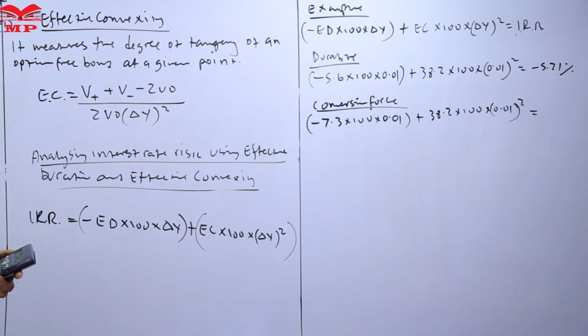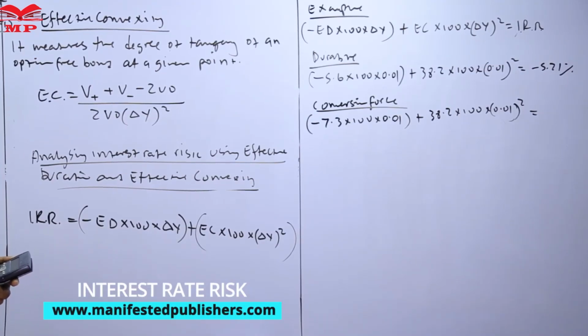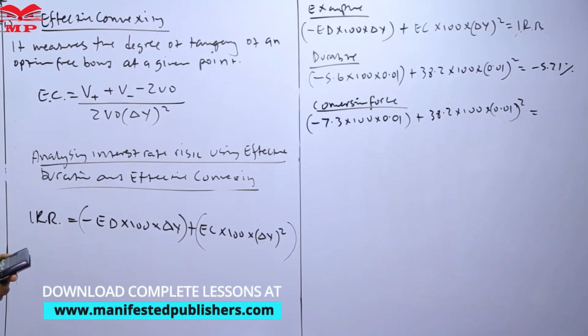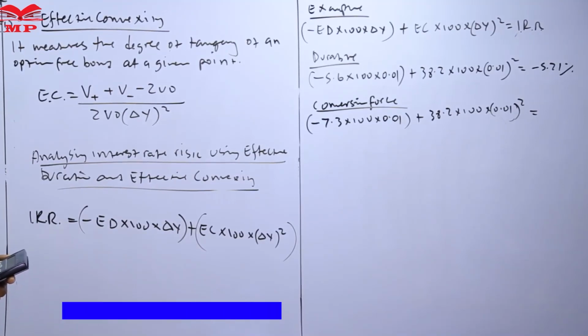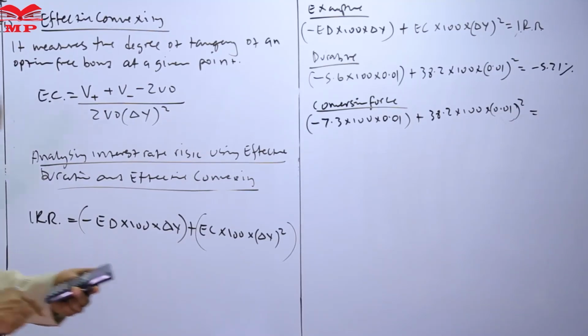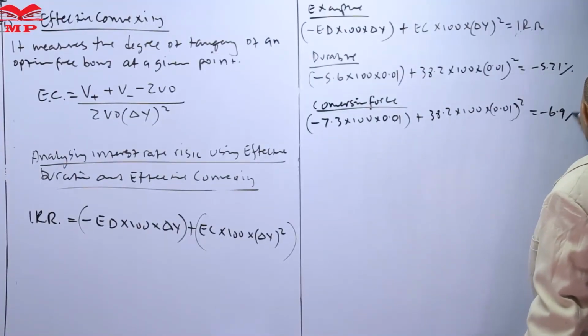So it's minus 7.3 times 100 times 0.01, we have minus 7.3, then plus 38.2 times 100 times 0.01 squared. We have minus 6.9%.